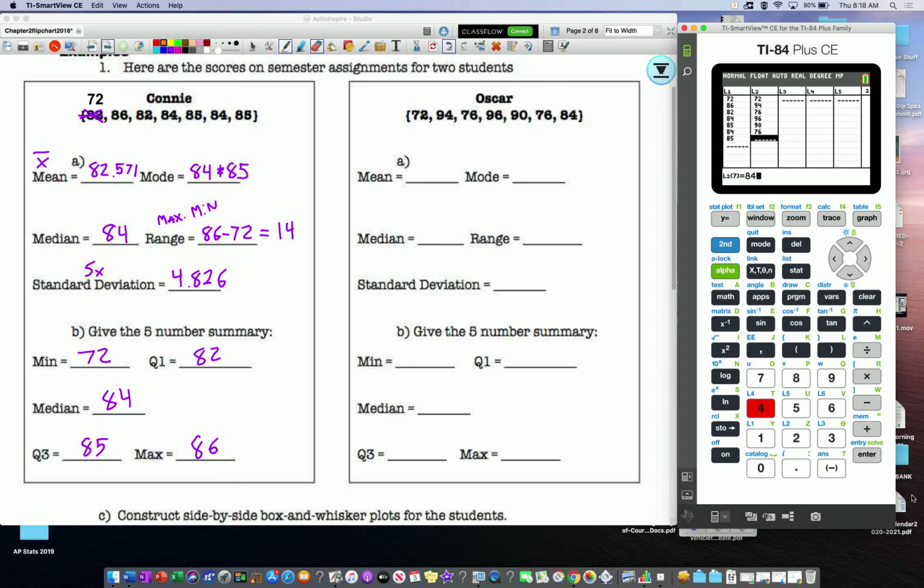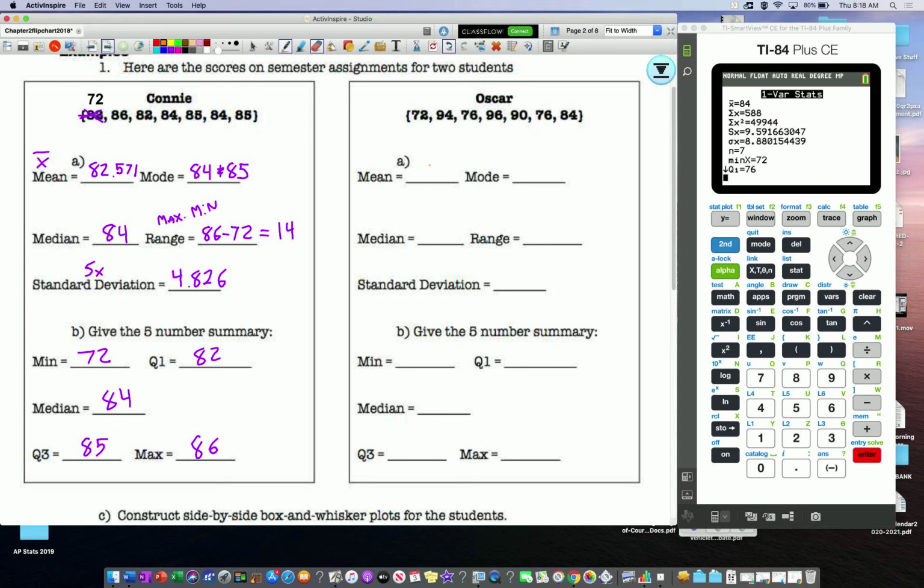Okay, so I got all my data in there. Of course, it's always good to check it. So now I'm going to go stat, calculate, one variable statistics, but this is where I have to be careful. I have to do it on list 2. I hit calculate, and now I can start writing these values.